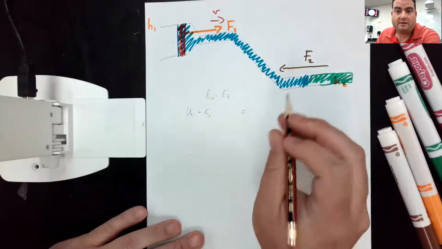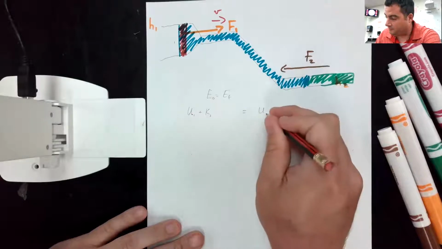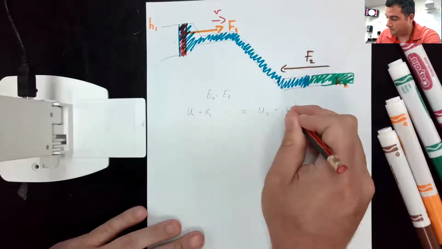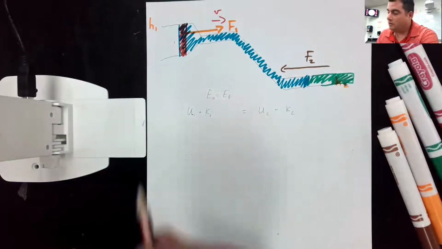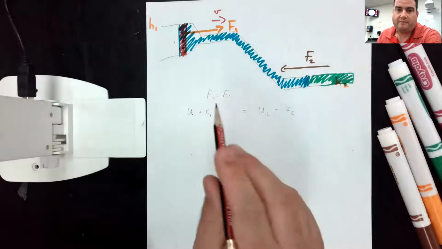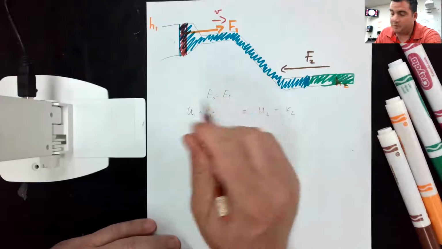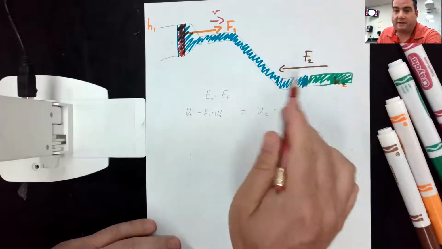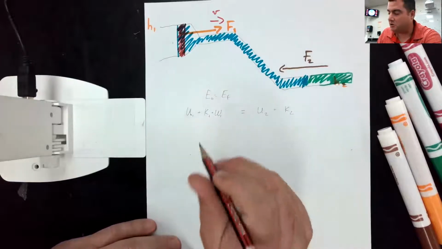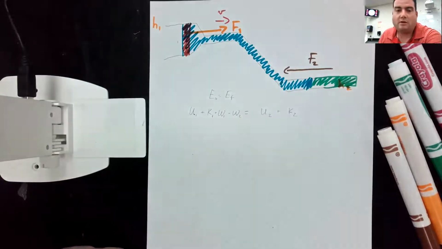At the end, we also have potential and kinetic, but a different amount of each. The water is moving this way, so F1 is going to be doing positive work. It's adding energy to the system. But F2 is fighting that push, so it's going to be doing negative work. So that's our overall equation for the system.